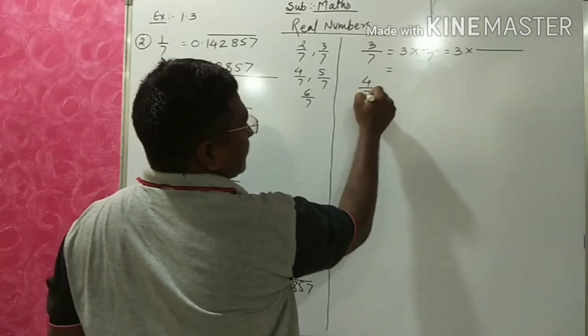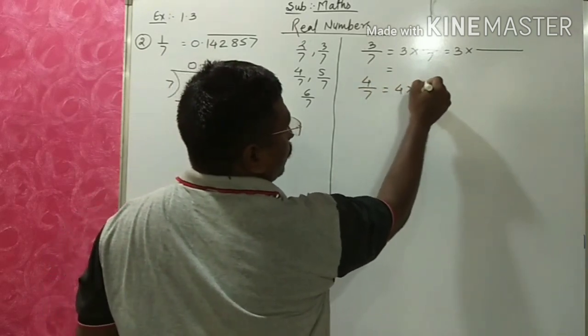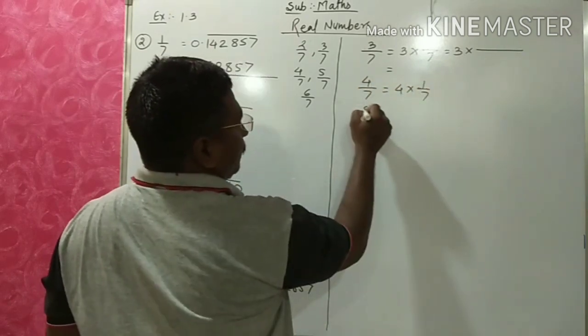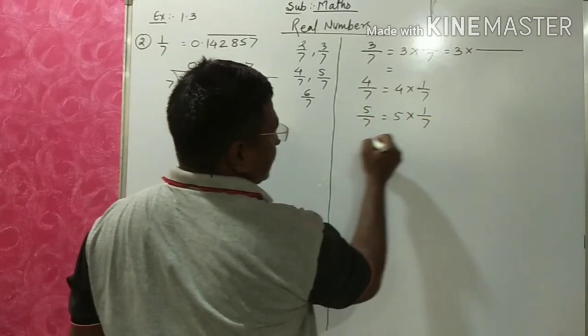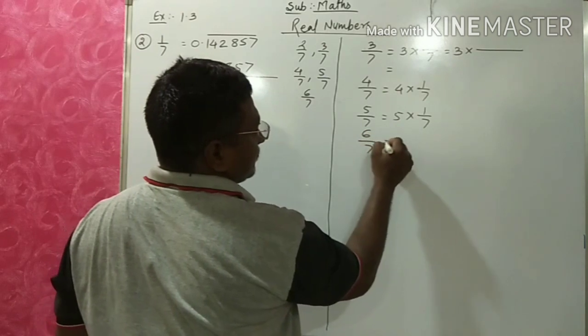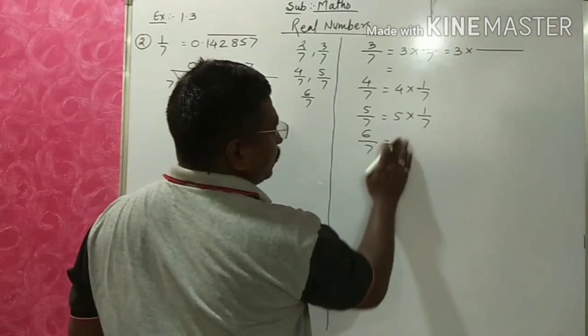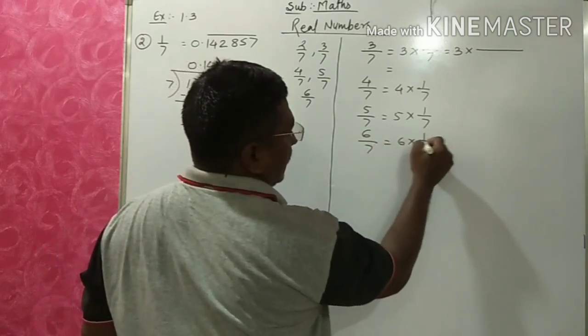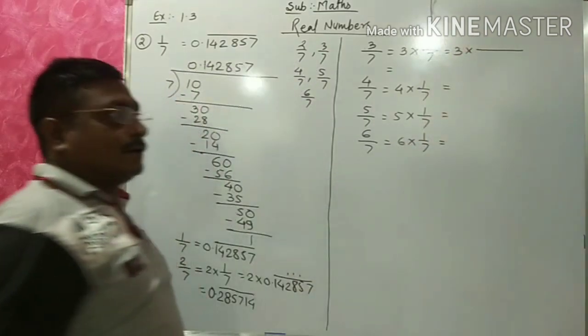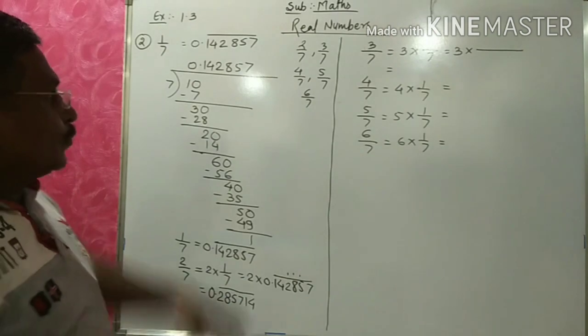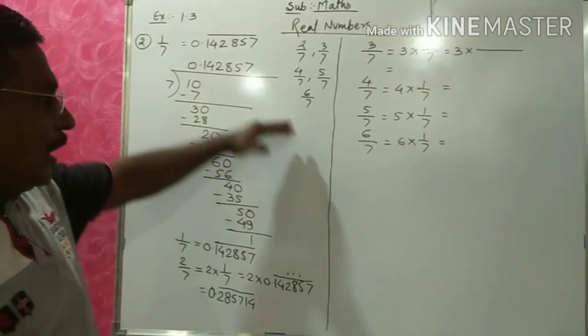Same way 4 by 7 is 4 into 1 by 7, 5 by 7 is 5 into 1 by 7, and 6 by 7 is 6 into 1 by 7. Hope you understand, students, how to do this.